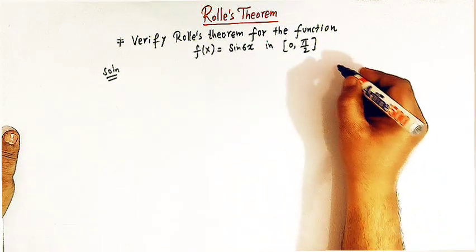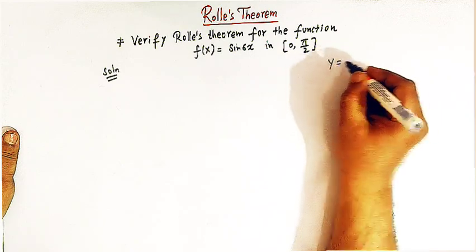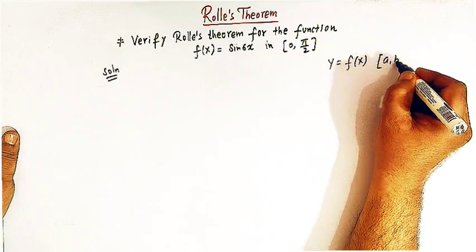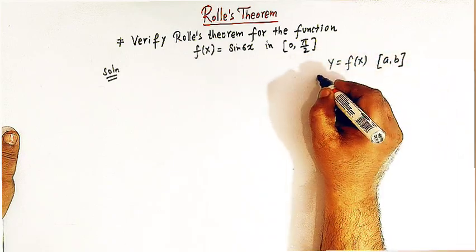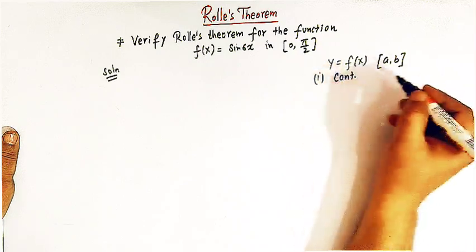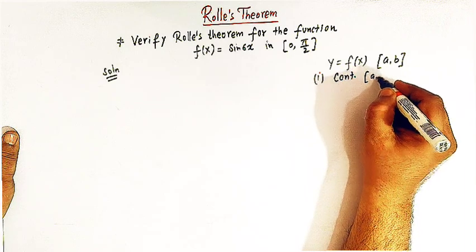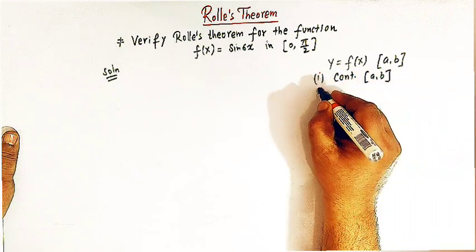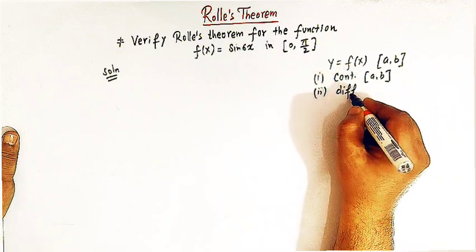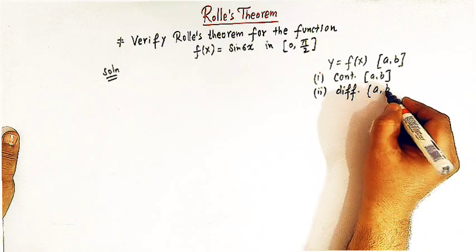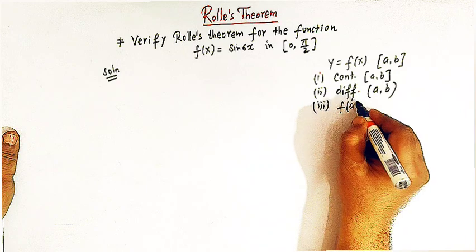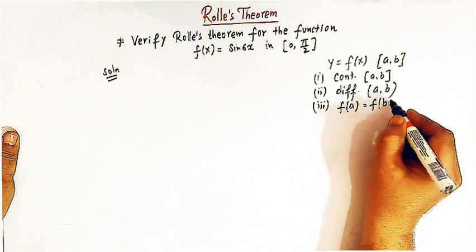Rolle's theorem says that if we have a function, say y is equal to f of x, which is defined in some interval a comma b, and this function is continuous in the interval a comma b, and the function is differentiable or derivable in the interval a comma b, and f of a is equal to f of b.